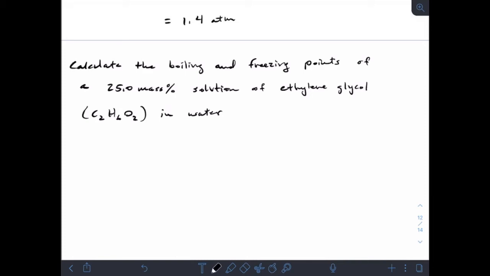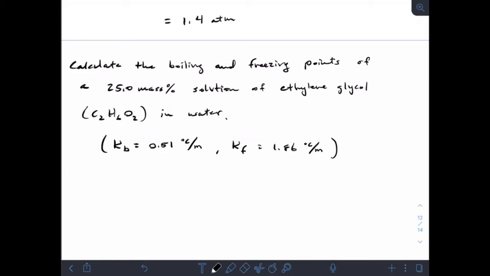Okay, so in order to do this, we need a couple of things, and you'll be supplied with the Kb and Kf values for water. All right, so Kb for water is 0.51 degrees Celsius per molal, and Kf is 1.86 degrees Celsius per molal.